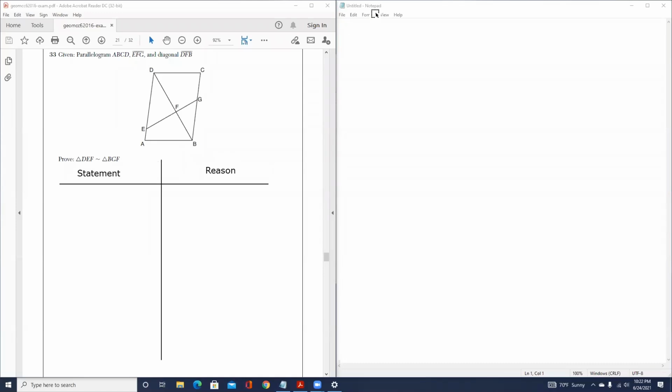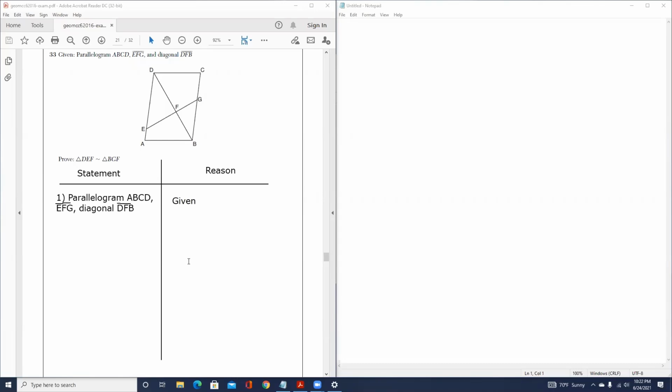So statement 1. This is, in my opinion, the easiest of the steps, and that is literally stating the obvious. State your givens.